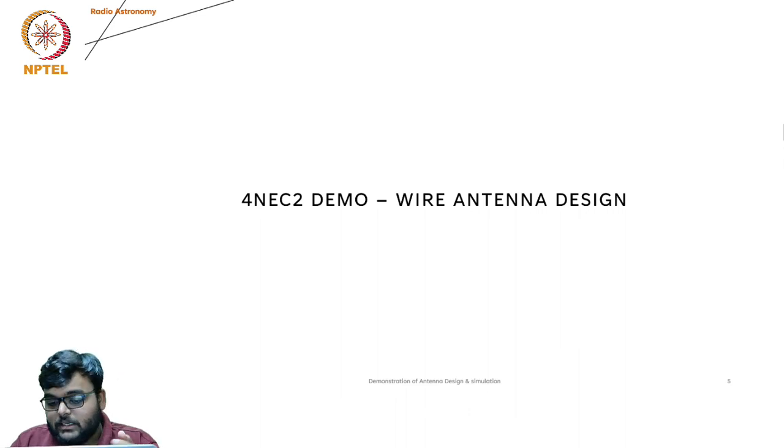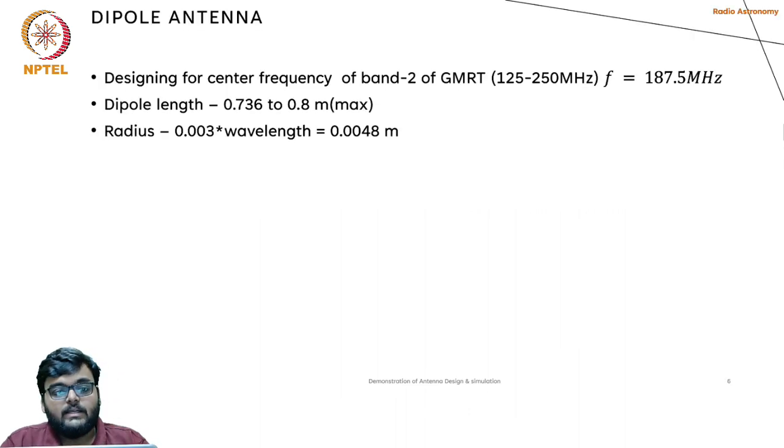Let's first quickly calculate. We will take a center frequency of 187.5 megahertz, which is typically the band center frequency of band 2 of GMRT. GMRT is a very famous radio observatory facility located in India near Pune.